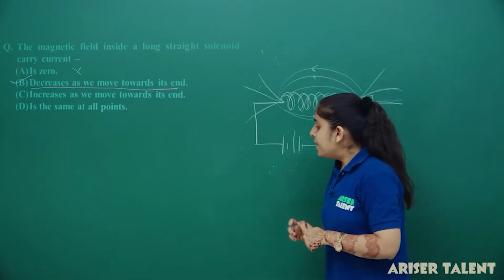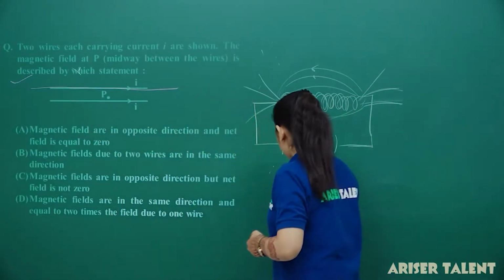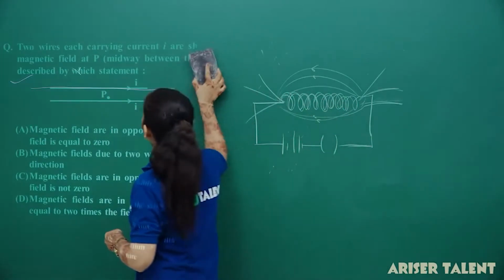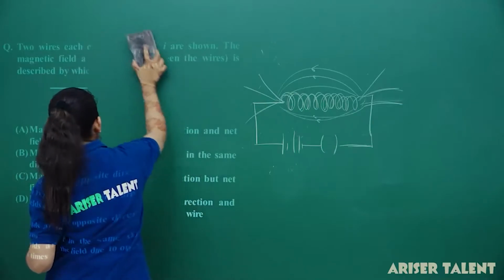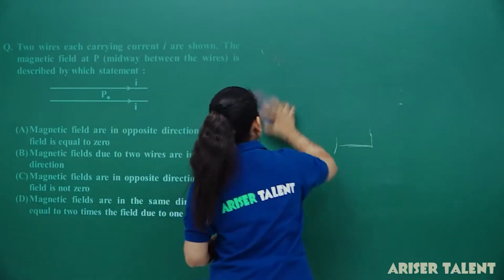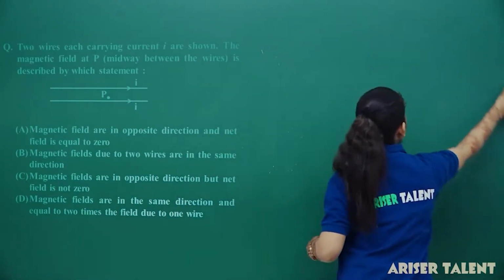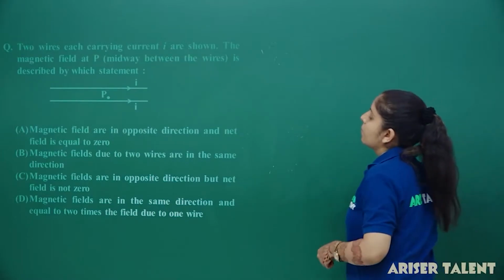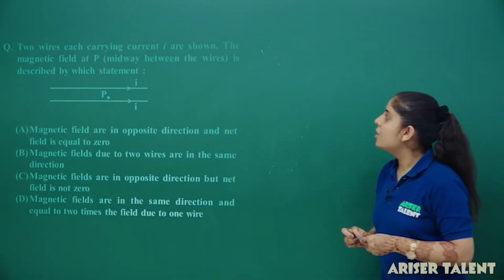Now let's move to the next question in the sequence. Two wires each carrying current I are shown in the figure.